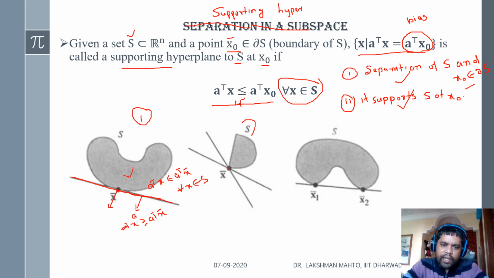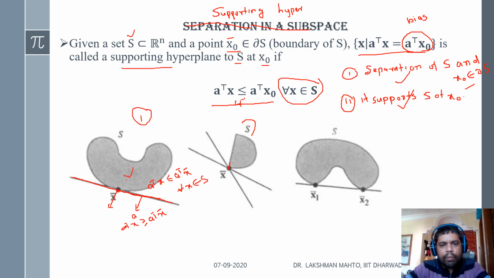If you come to see, this set S is a convex set and X bar is a boundary point. At this X bar, it is a very special kind of boundary point. You can observe that it is a kink kind of boundary point. For the earlier example, the boundary point was on the smooth boundary of the set S. That's why you got a unique supporting hyperplane.